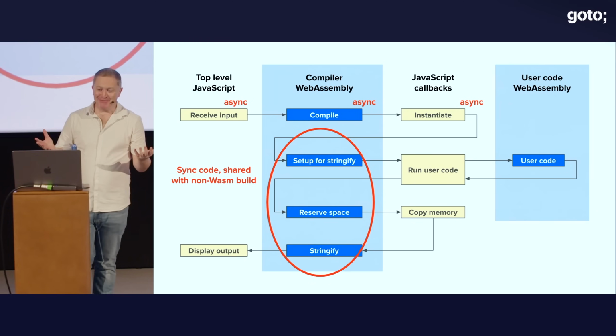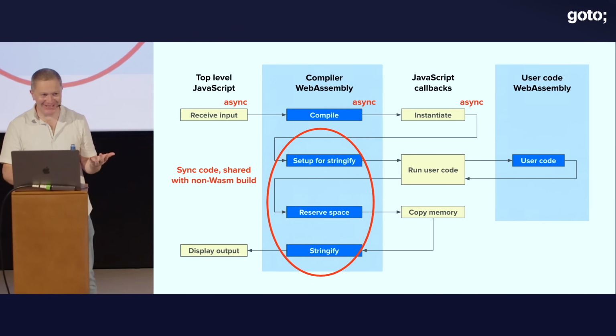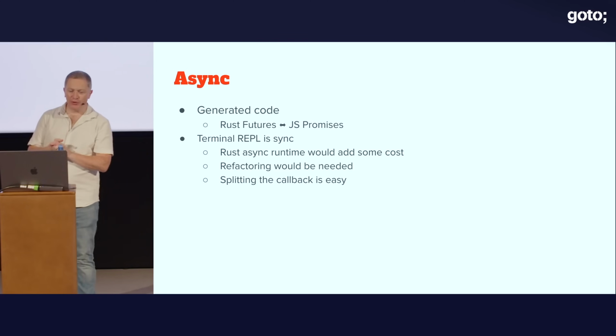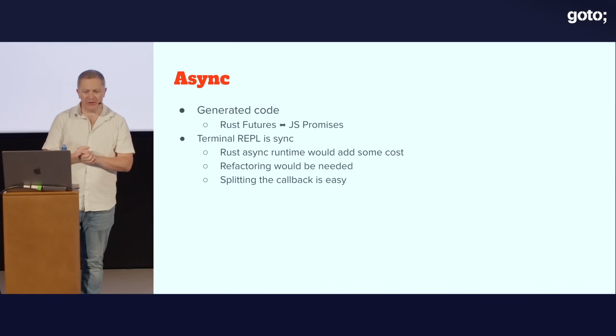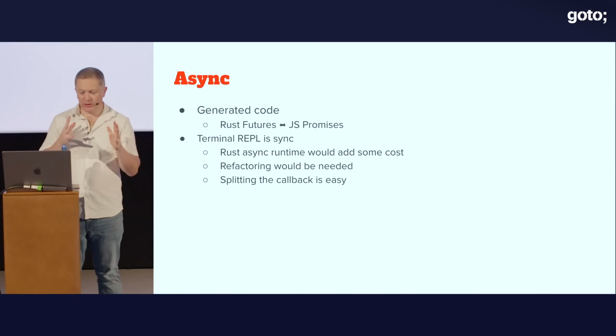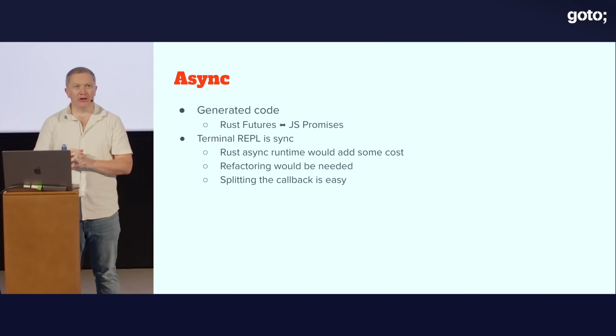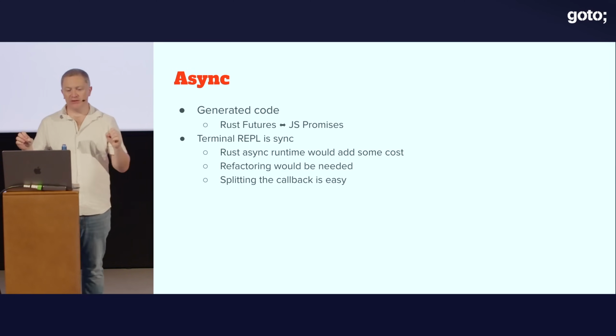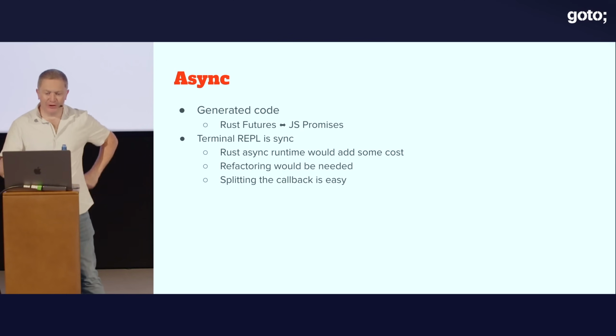It just seemed easier to split the function though, so that's what I did. So async interaction between Rust and JavaScript, again, a lot of that is helped by this code generation library, Wasm bindgen, which can tie together Rust futures and JavaScript promises, which are conceptually the same sort of thing.